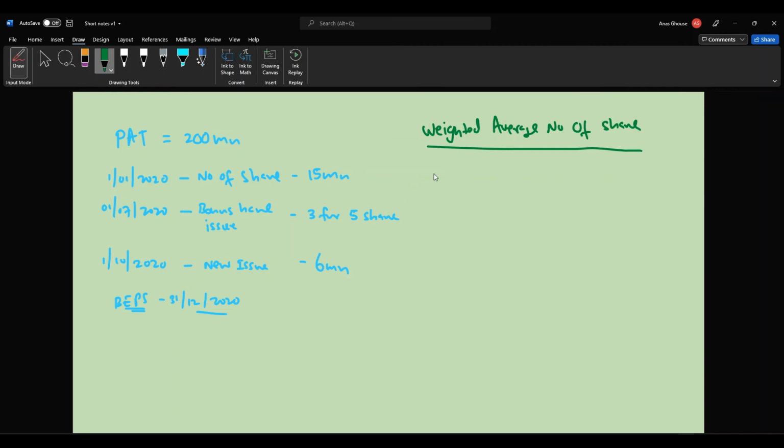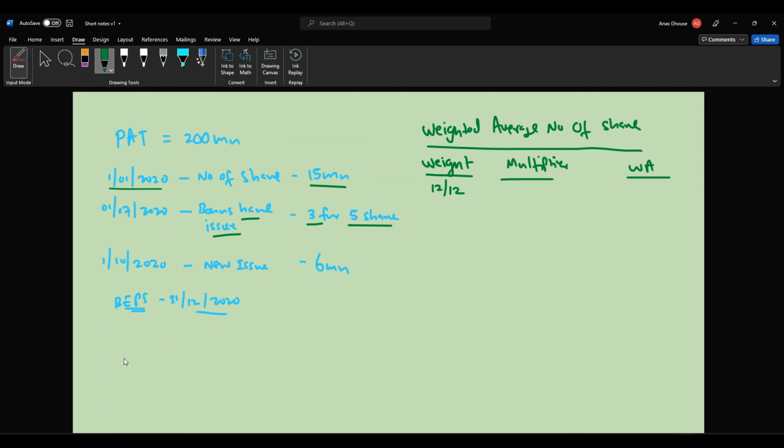First you take the weight, then since the bonus shares are there, you have to take the multiplier, then the weighted average number of shares. These shares were outstanding from 1st January 2020, so we can take 15 million for 12 months, 12 divided by 12, and there is a bonus share issue on 1st July 2020, 3 for 5 shares.